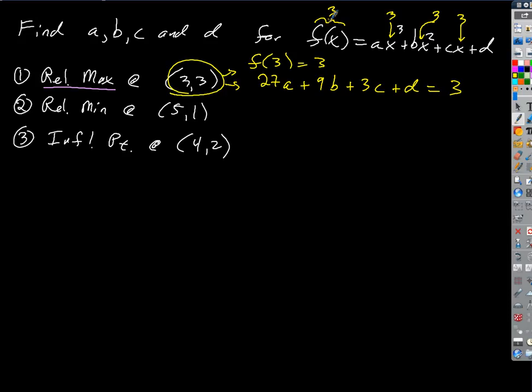See what I'm saying? This ordered pair means if I input an x value of 3, I get back 3, right? So all this is really saying is that f of 3 equals 3. Now, let me do something here. It might be helpful. Yeah. Let me do this.